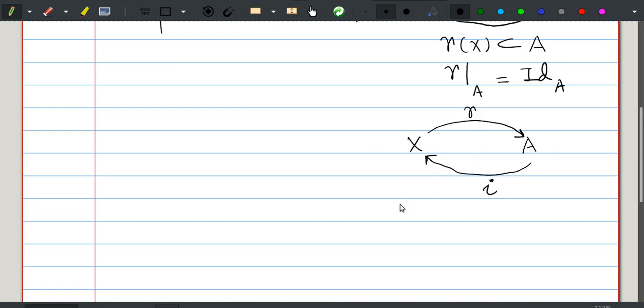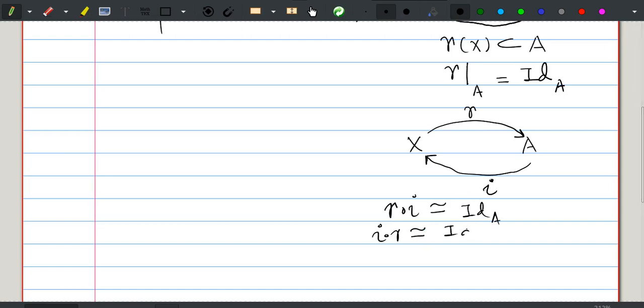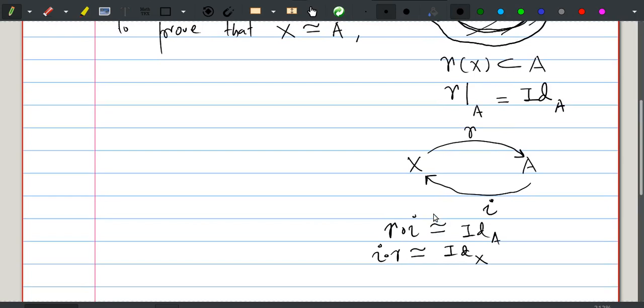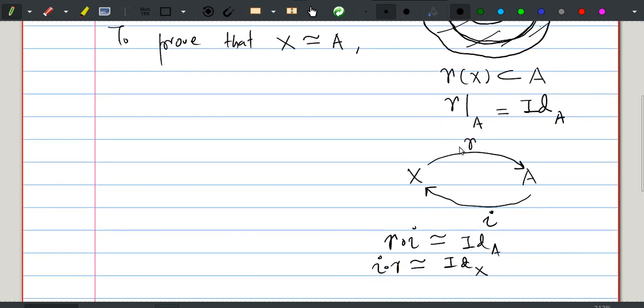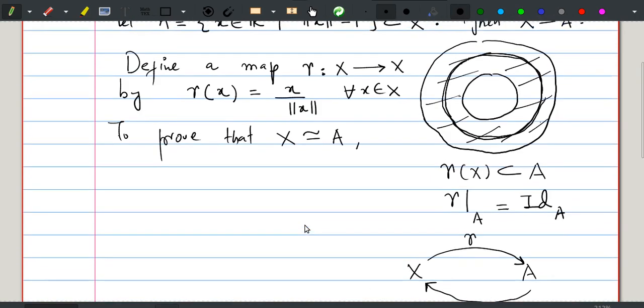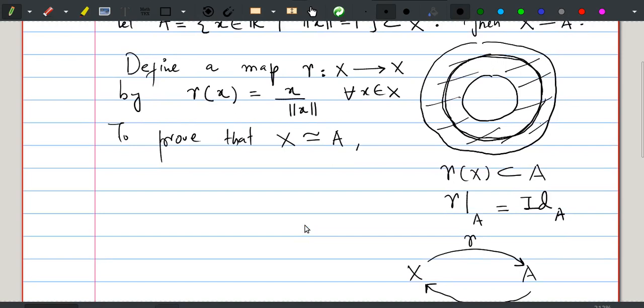Now if we prove that R composite with I is homotopic to the identity on A, and I composite with R is homotopic to the identity on X, then we are done. In that case, X and A will be homotopically equivalent by definition.